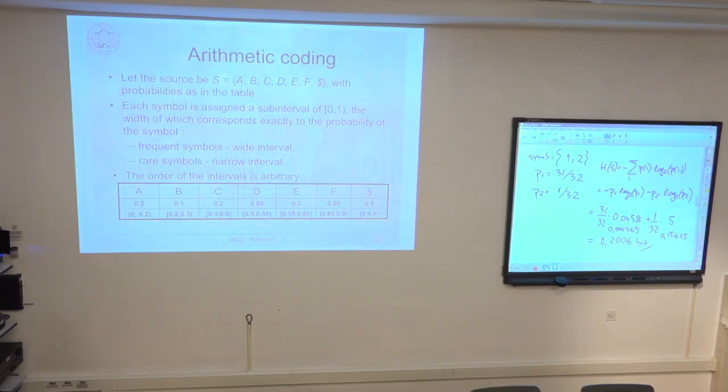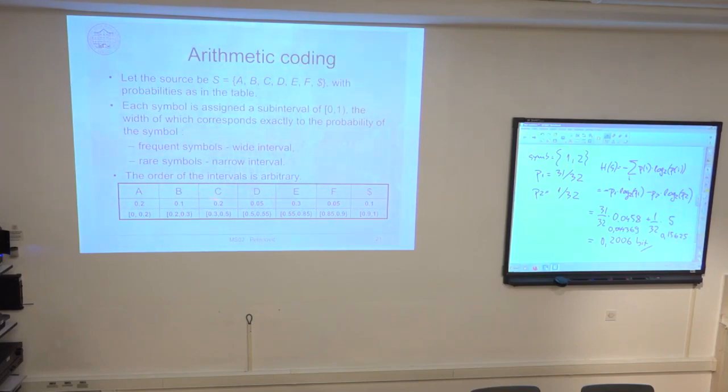This 0.19 falls in the interval 0 to 0.2, which means that the symbol behind the number is A. And analogously for all other symbols: the second interval starts from 0.2 up to 0.3, because the probability of symbol B is only 0.1, so it is a twice narrower interval than the first one.